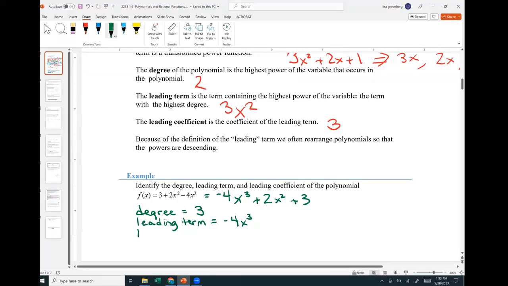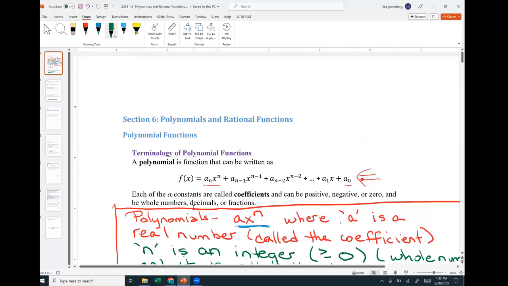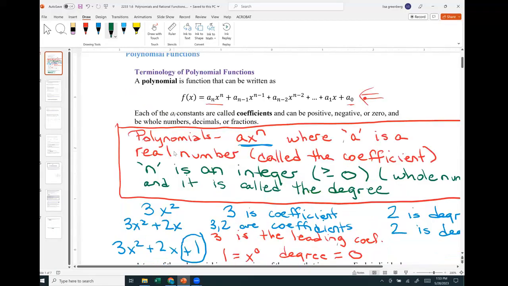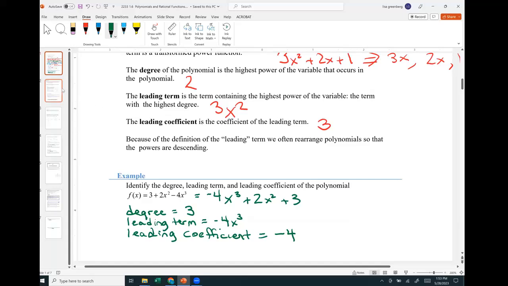And the leading coefficient is equal to -4. Remember, it's the a. a is the real number called the coefficient. And the leading one just means the first one. So that's really all there is to that.